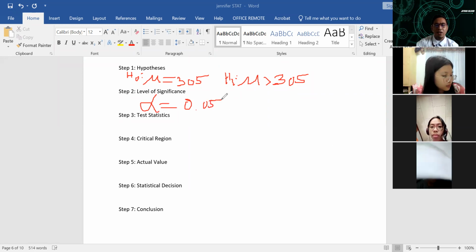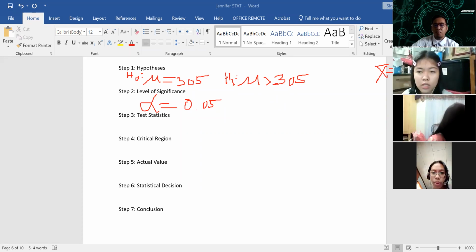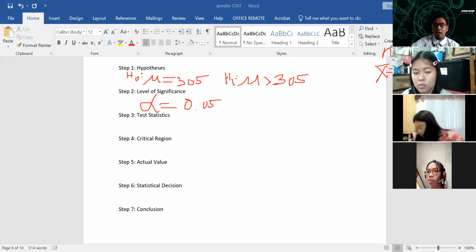It was given earlier. Next, the test statistic. Which test statistic will we use? Before you answer, let us write down the given. The sample mean is 306.2. Your n is equal to 55.